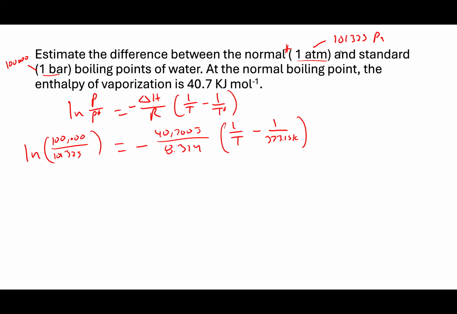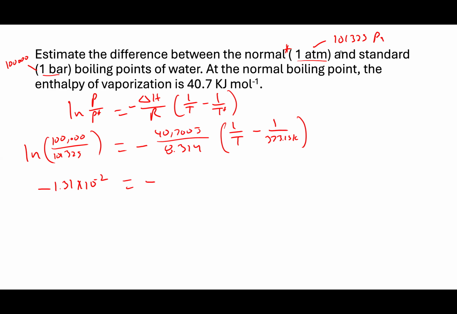the natural log of 100,000 divided by 101,325 is going to be negative 1.31 times 10 to the negative second. The negative stays here.